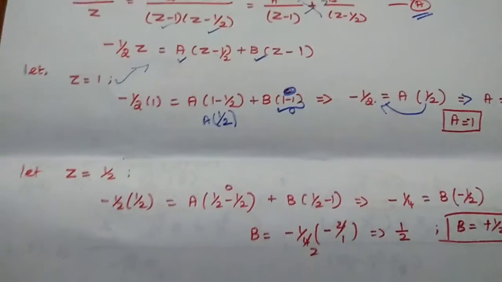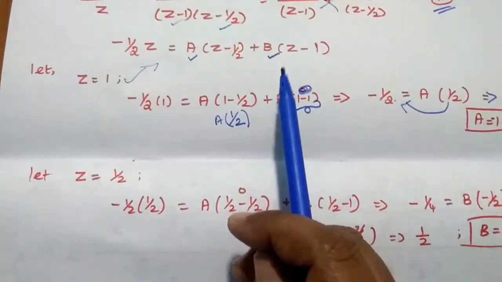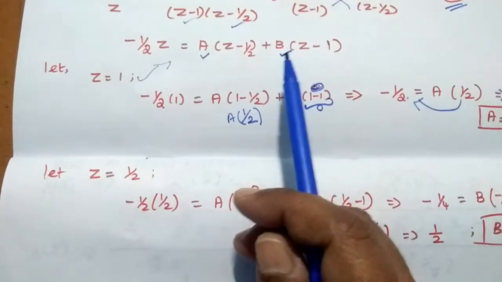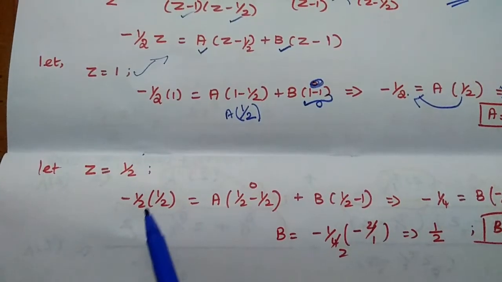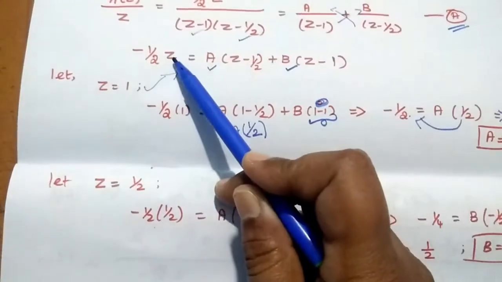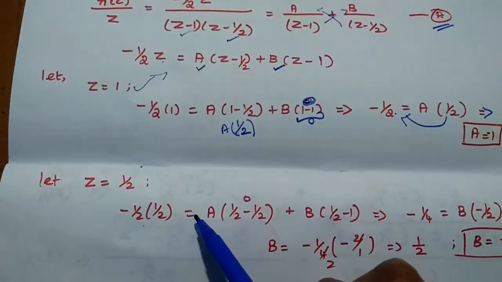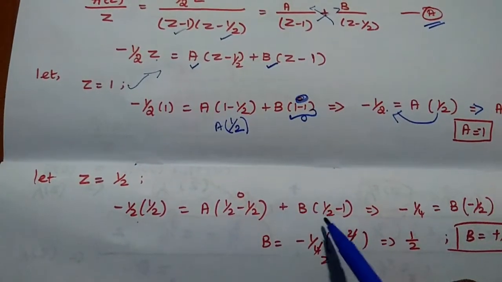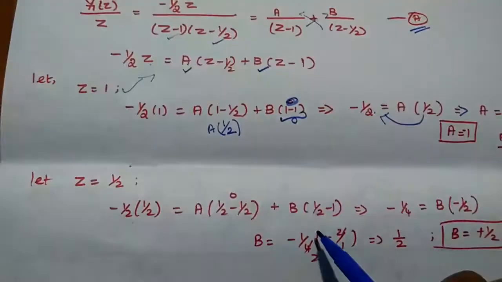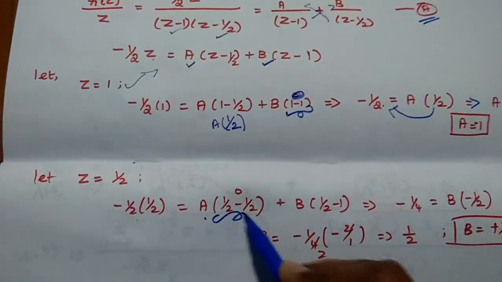Okay, likewise next we are going to find the value of b. To find the value of b, we take z is equal to 1 by 2. So minus 1 by 2 into 1 by 2 is equal to a into 1 by 2 minus 1 by 2 plus b into 1 by 2 minus 1. This first value becomes 0.